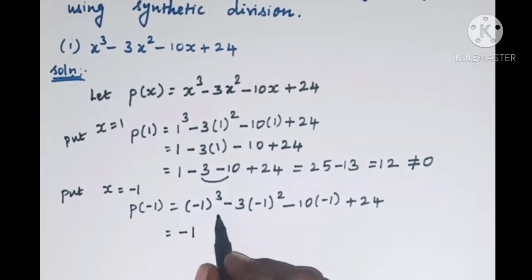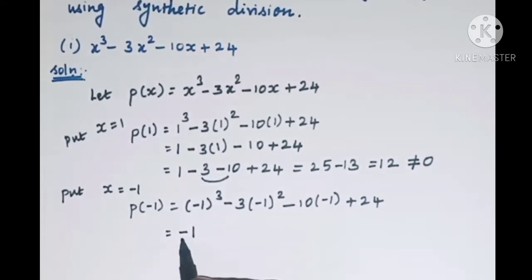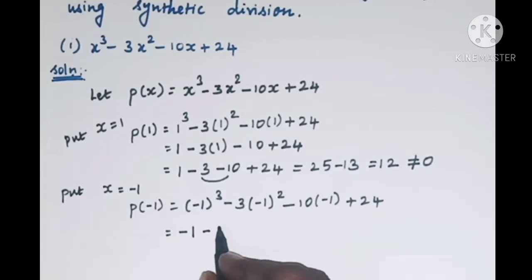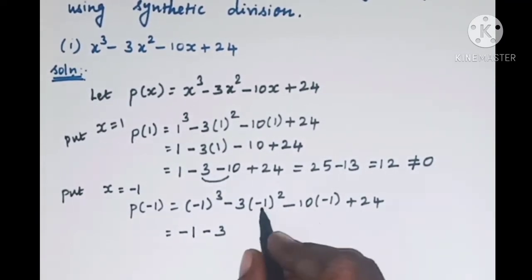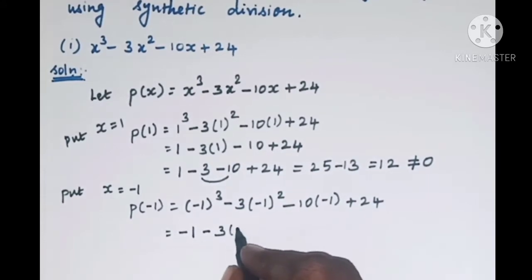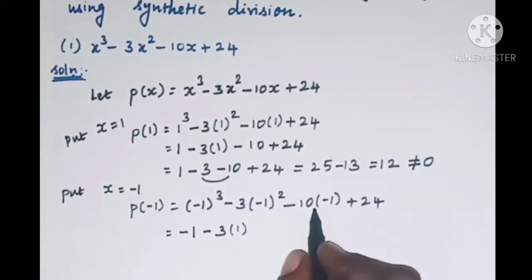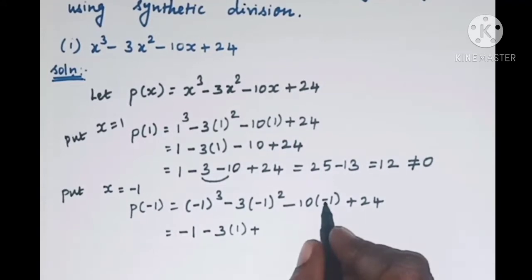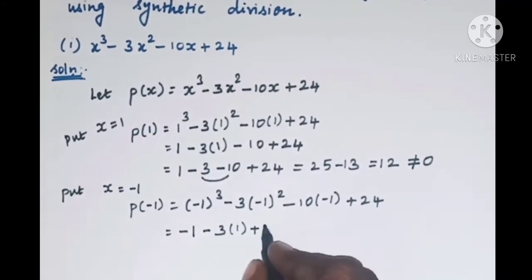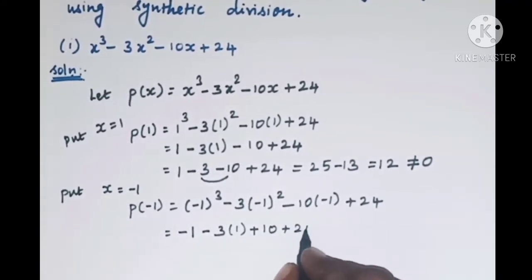Minus 1 into minus 1 into minus 1 is again minus 1. Minus 3 into minus 1 the whole square is nothing but minus 1 into minus 1, so this will become plus 1. Here two minus symbols are there, so when we multiply these two negative symbols, we will get positive. Minus into minus is plus. 10 ones are 10 plus 24.